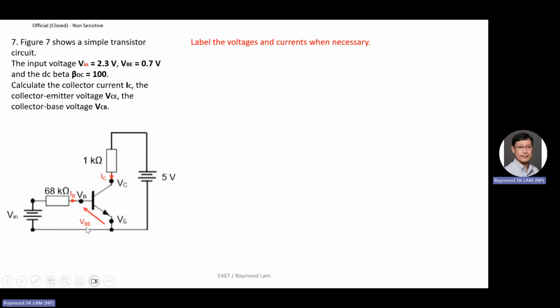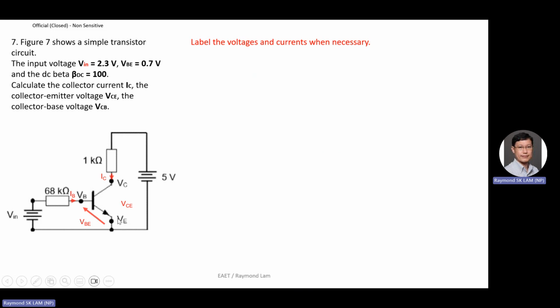The first subscript is B, the base of the transistor. So when you label the voltage, the arrowhead should be here and the arrow tail is here. You have point B and point E, which are the subscripts. So it's nothing new. It's the double subscript notation that you all learned in your EEF last semester.